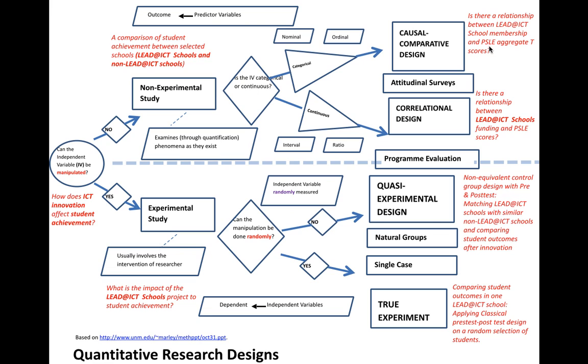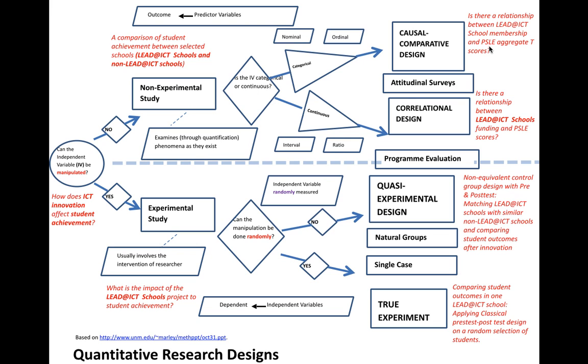The PSLE, which is a continuum of scores from 0 to way above 280, 300, you could actually convert into interval variables by saying that 0 to 50 would be the first interval, 51 to 100 will be the second interval, 101 to 150 will be the third interval, and so on. So here you're comparing categorical variables, a nominal variable, membership or non-membership to lead ICT, and also the PSLE aggregate T-scores. The continuous variable has been chopped up to represent specific categories.